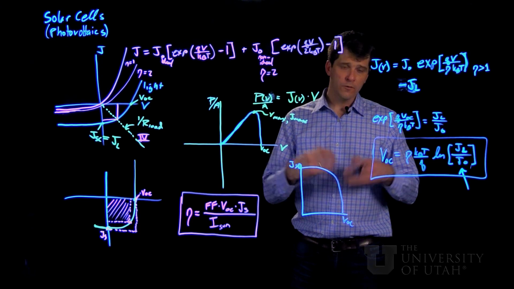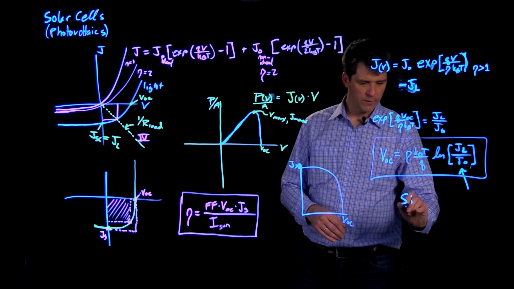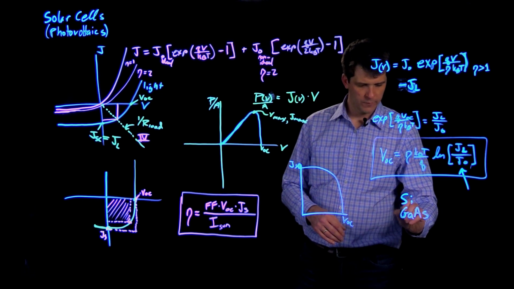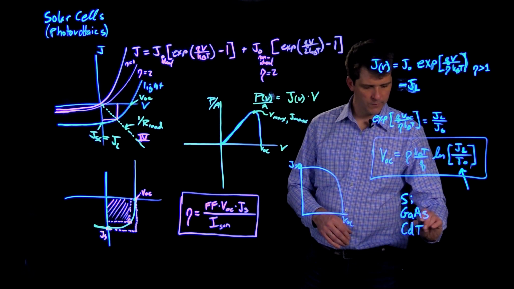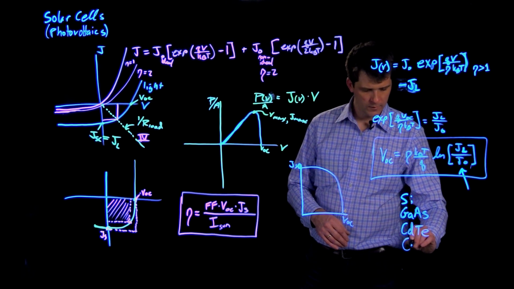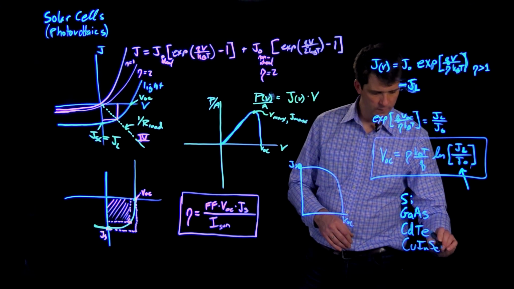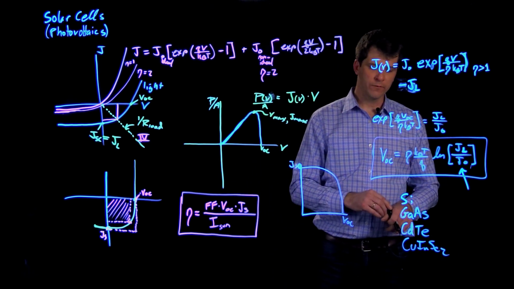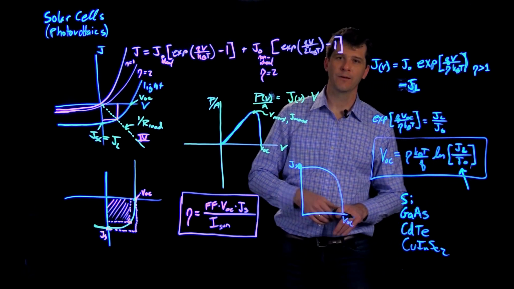So good materials for solar cells these days are silicon, gallium arsenide, and then some of the thin film materials that I work on myself, such as cadmium telluride and copper indium diselenide. All these materials perform very well above 20% at the time of this video recording.